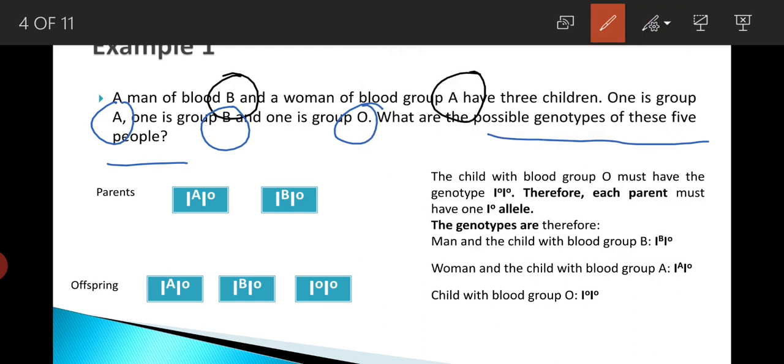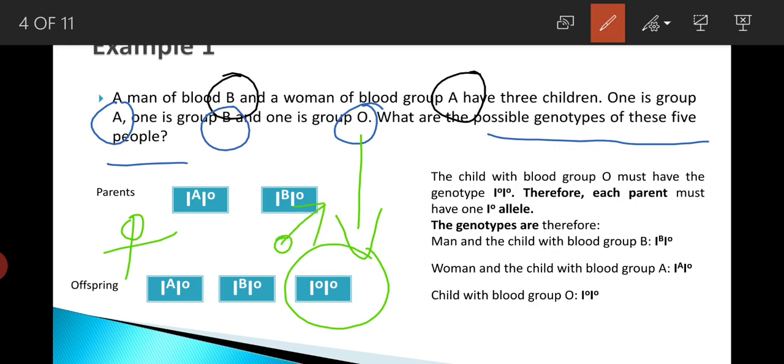To solve this problem, first of all, we are able to determine the genotype of one of the children, which should be I0I0 because it has the group O. So in the moment that we have a child with the group O, it means that the parents should have the genotype I0 for the mom, or the woman, and I0 for the man.